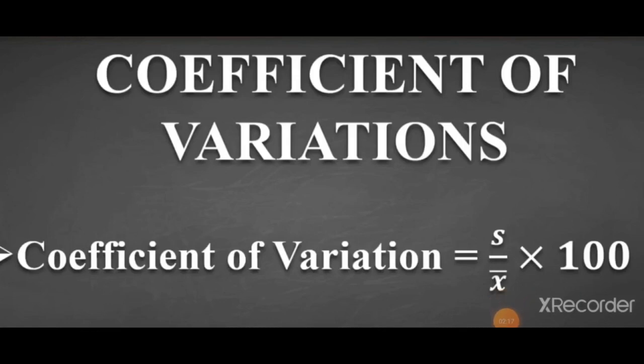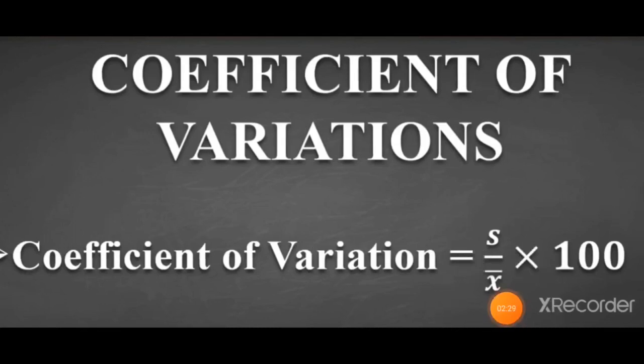Standard deviation is the most appreciated measure of dispersion among all the measures of dispersion, but it cannot be obtained if the frequency distribution has open-ended classes. The formula of coefficient of variation is S upon mean into 100.